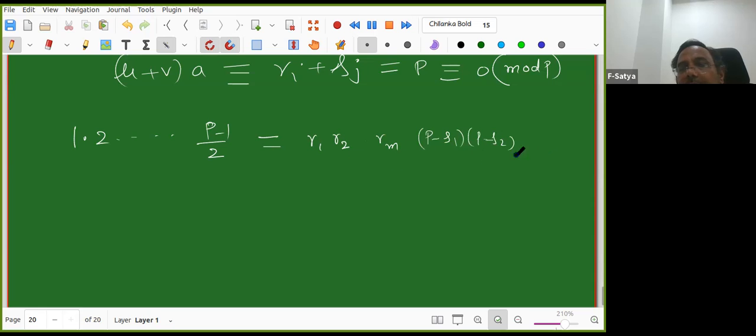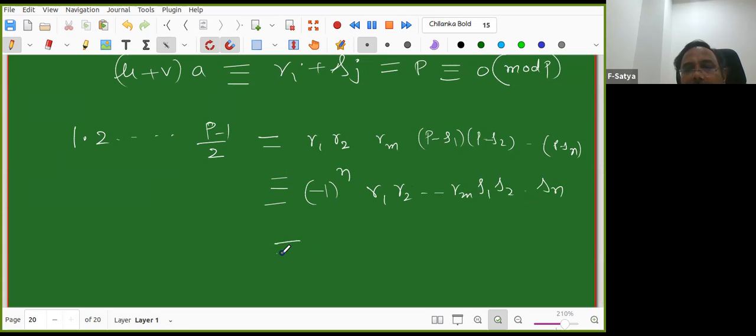These are all less than P minus 1 by 2. Now if I take modulo P, the P gets cancelled in the multiplication. So we get minus 1 whole power n into R1 into R2 into Rm into S1 into S2 into Sn.